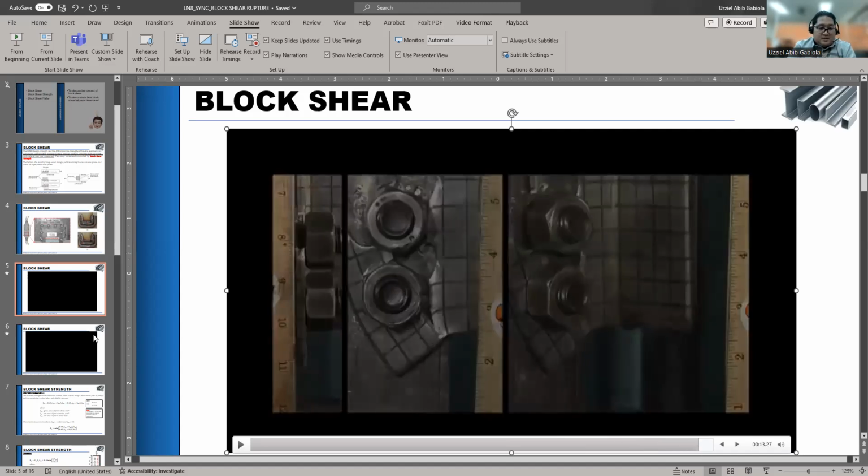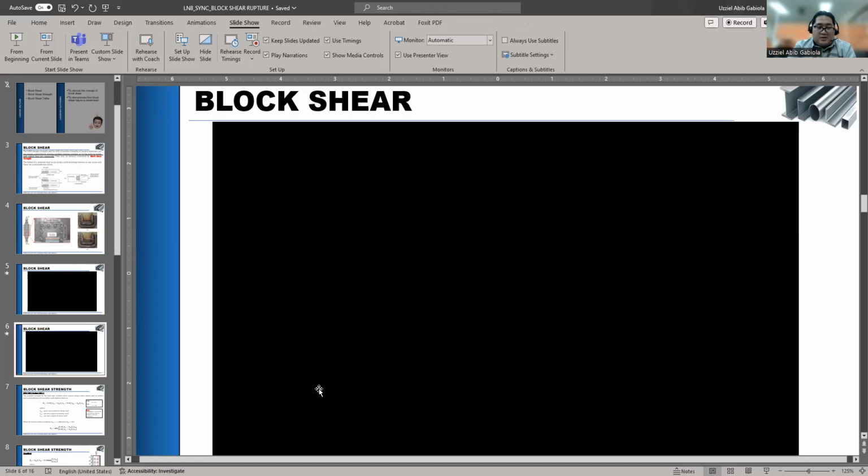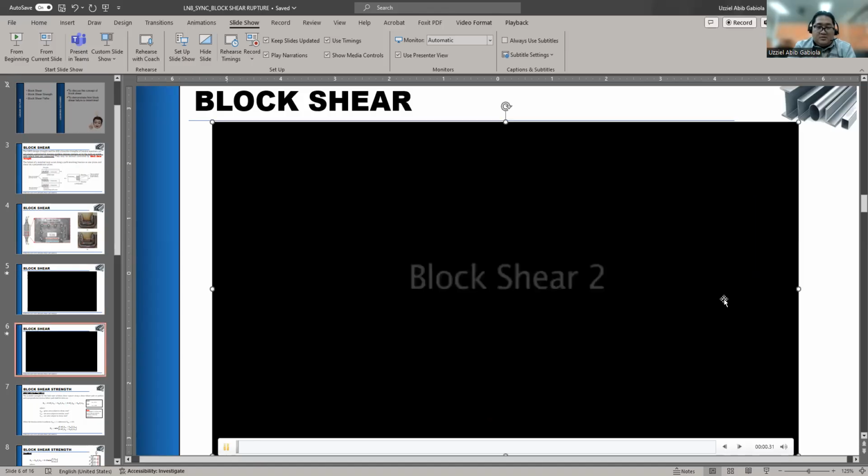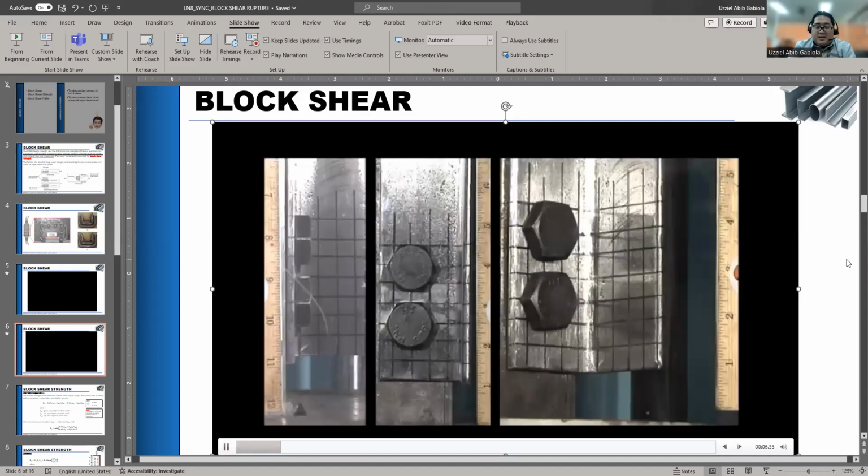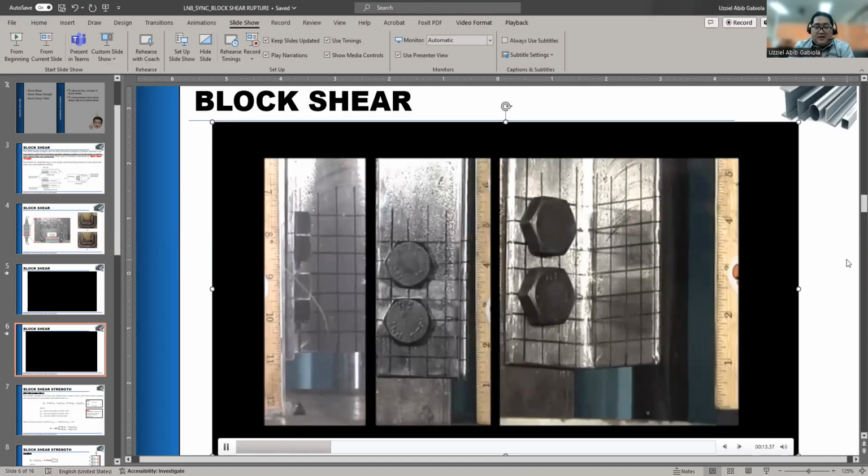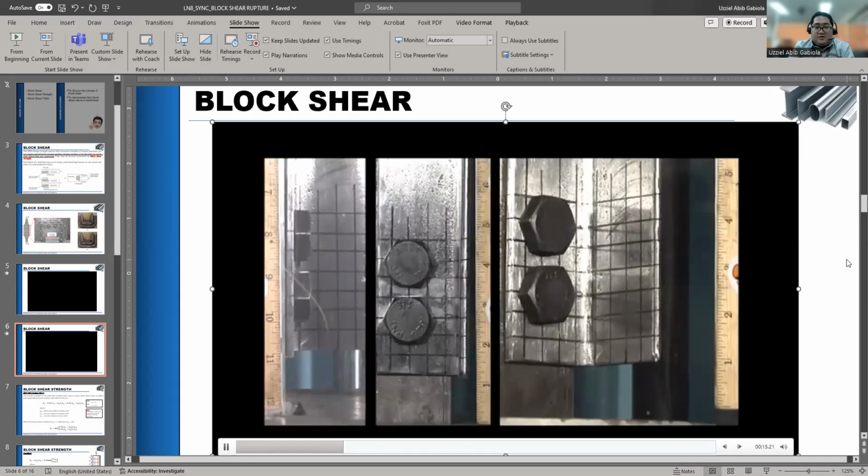Okay, so allow me to share also another video showing yung block shear. Okay, let's look at the next video. So same angle bar tayo, pero dito itingnan niyo yung mga views, meron tayong elevation, side view, tsaka isometric view. Pansinin niyo yung lines.